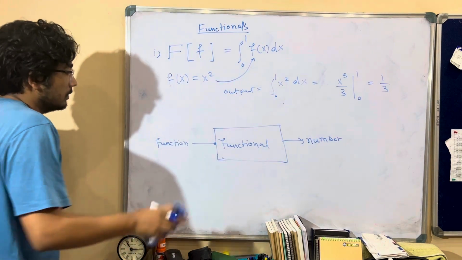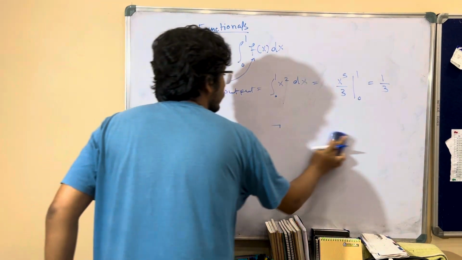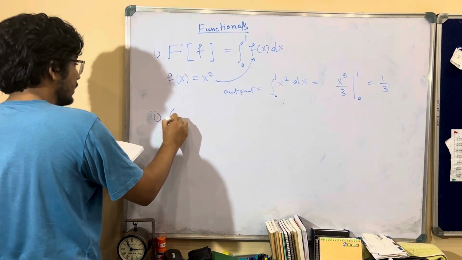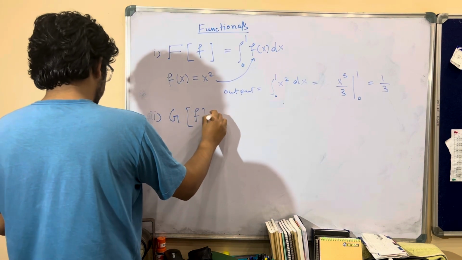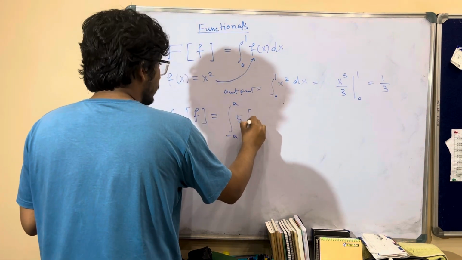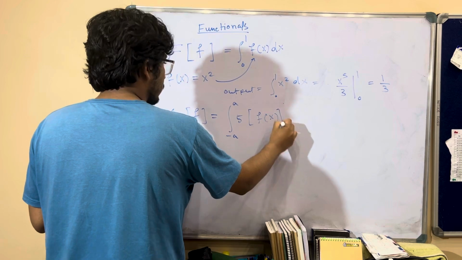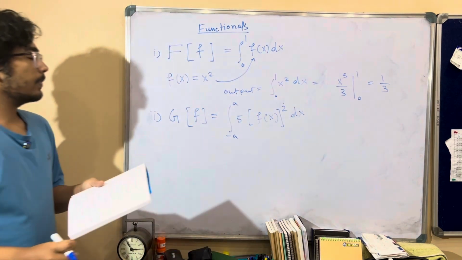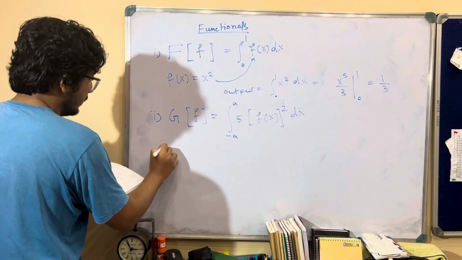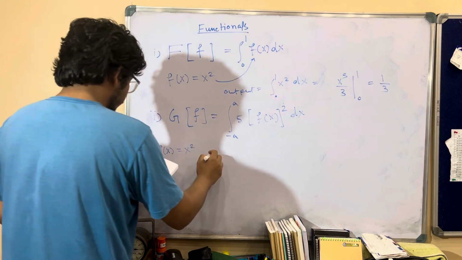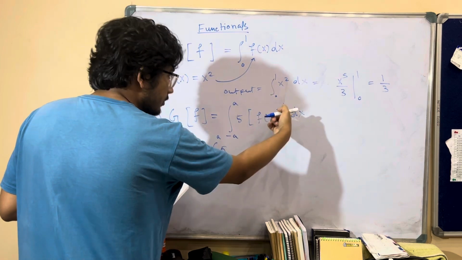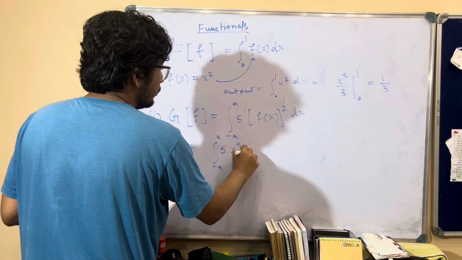Let me erase this. Another example is another functional, g of f. This is also an integral. If you input x squared this time, then the output will be the integration from minus a to a of x squared to the power 2, that is x to the power 4, dx.